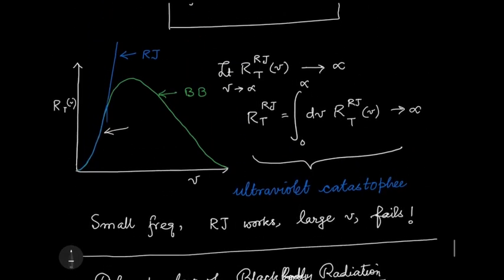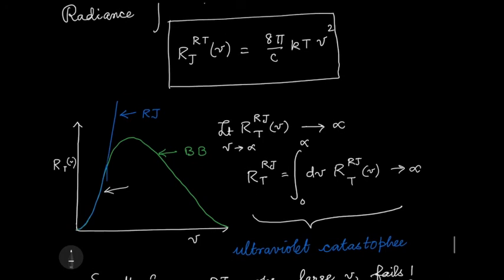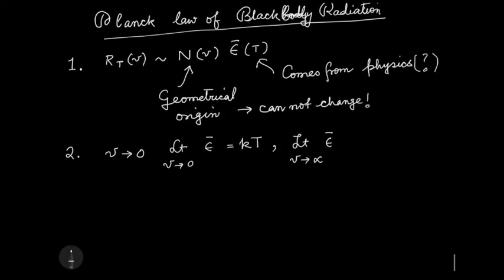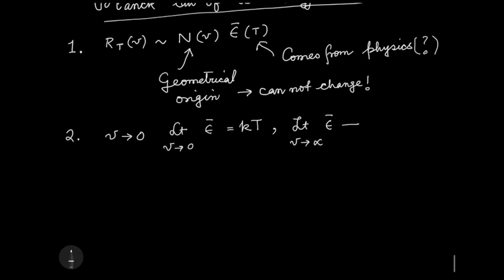In the limit nu tends to infinity, what should be the average epsilon or average energy? Well, see, n as a function of nu depends on nu squared. So at large nu, only if average epsilon goes to 0 will the blackbody go to 0. So this has to be 0 at large nu.